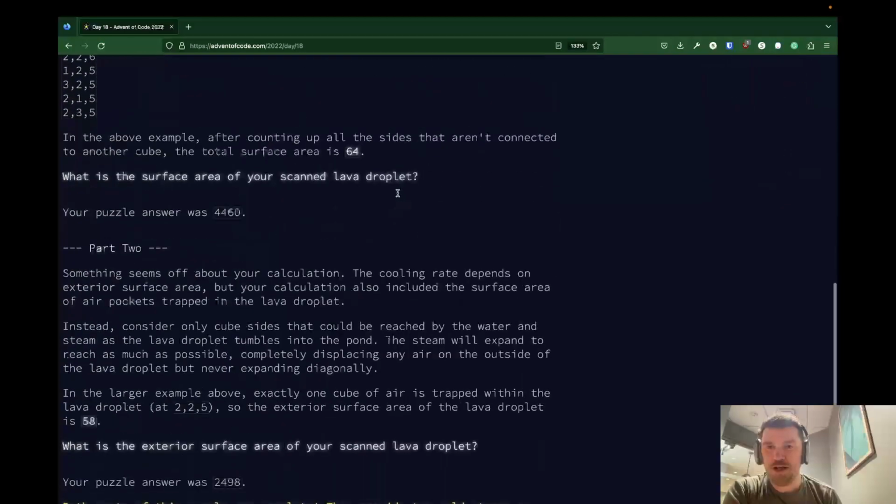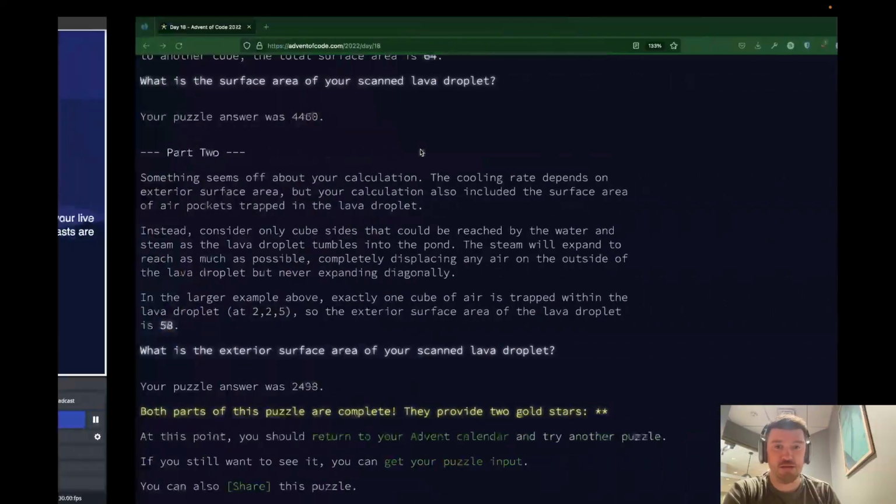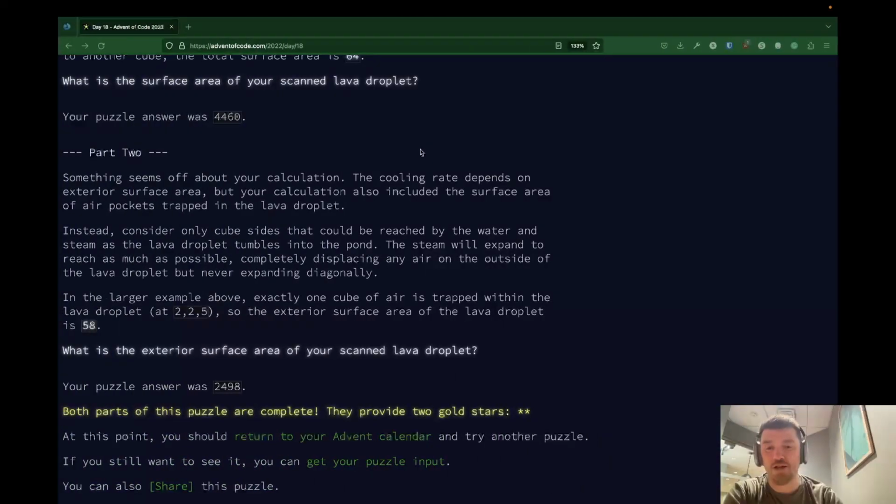So this one I was a little stumped. I struggled to figure it out. I thought the way to go was, whenever I would place another cube, I would try to see if that sealed off something else.